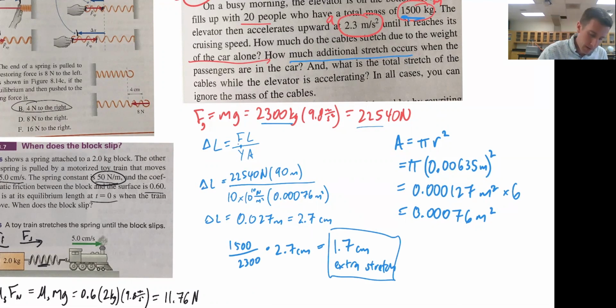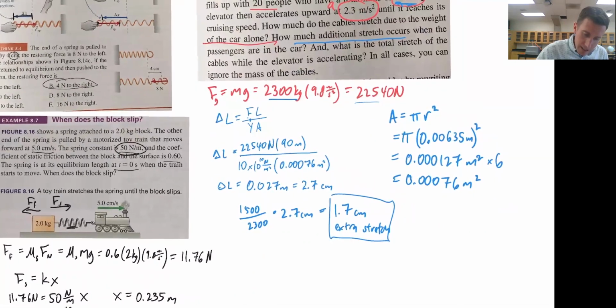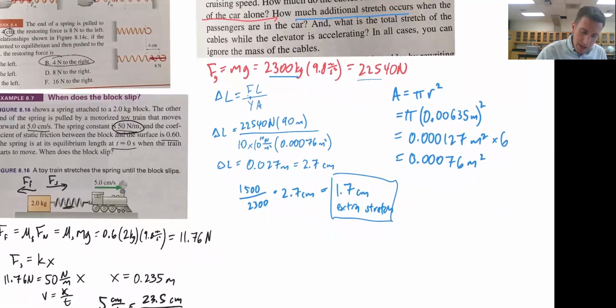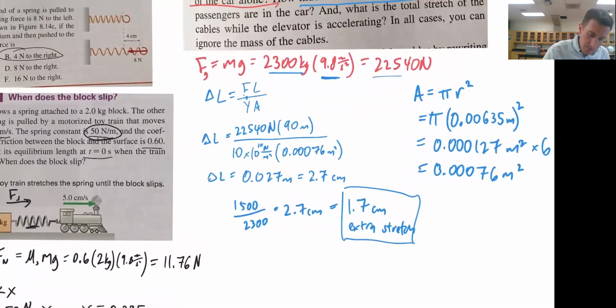Okay. And then finally, what's the total stretch of the cables while the elevator is accelerating? Okay, so again, this is going to change the force. And in this case, instead of doing 9.8, it would be 9.8 meters per second squared plus the acceleration of the car, which was 2.3 meters per second squared.